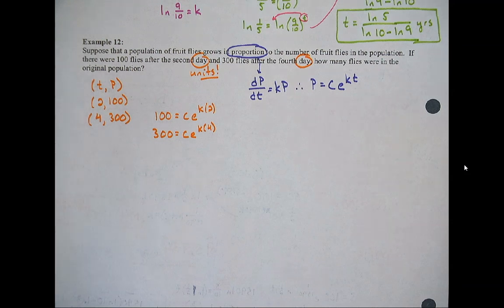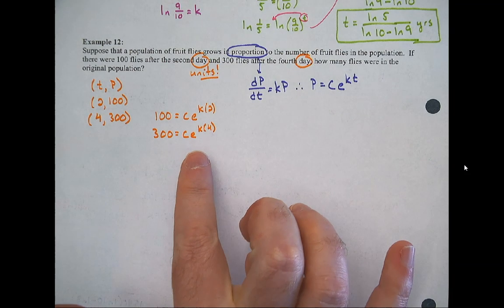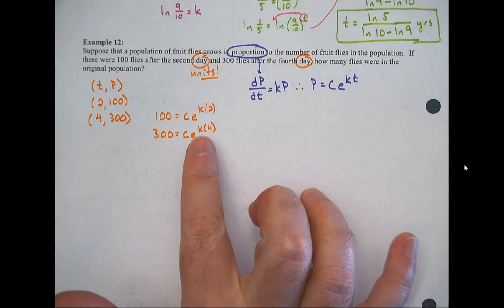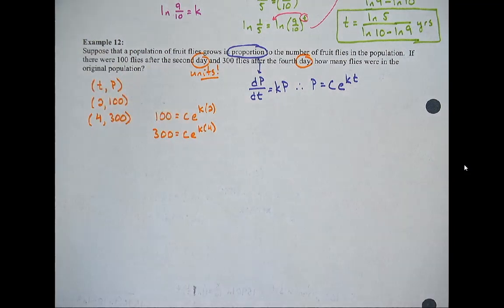Now what I tried to do here is solve these to get k by itself, and then I could sub them in. And my results did not work out very well. My results kind of got me nowhere.